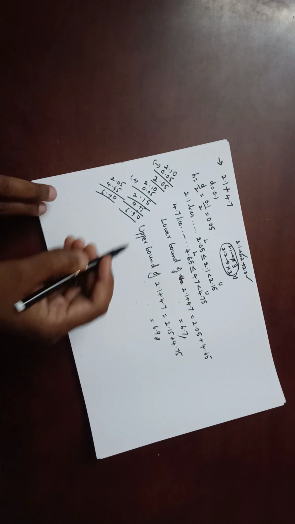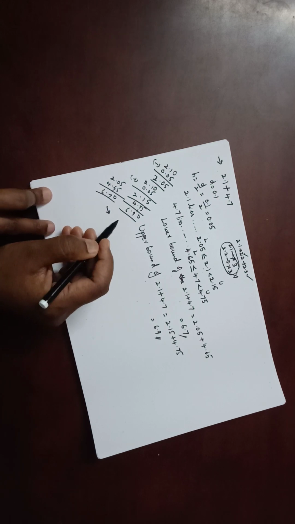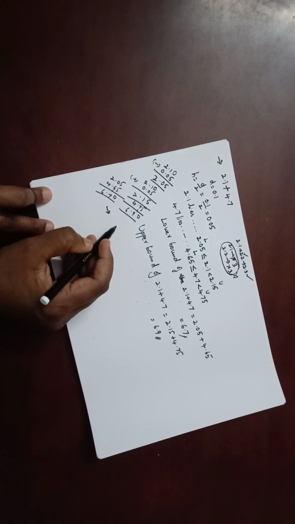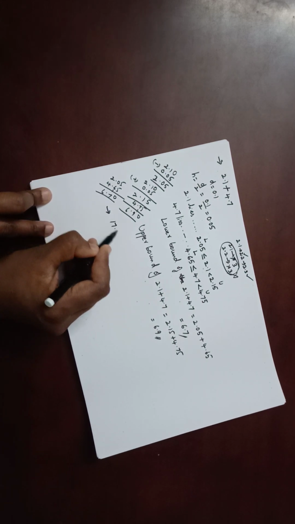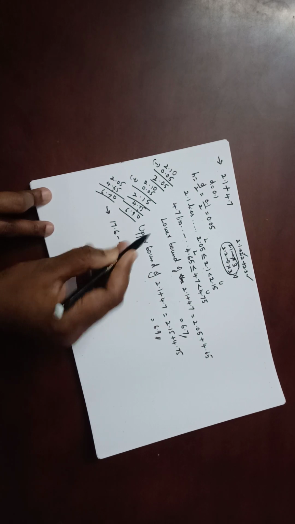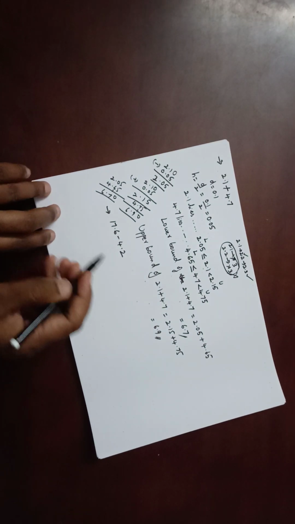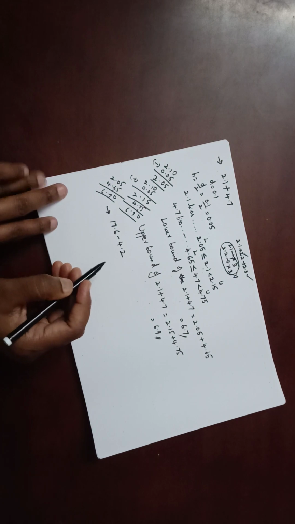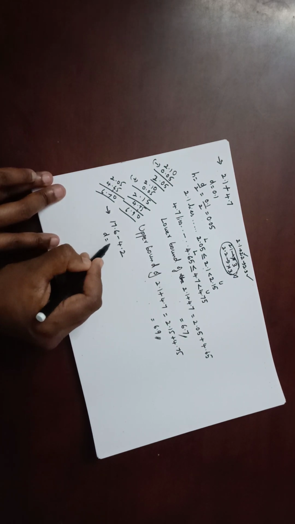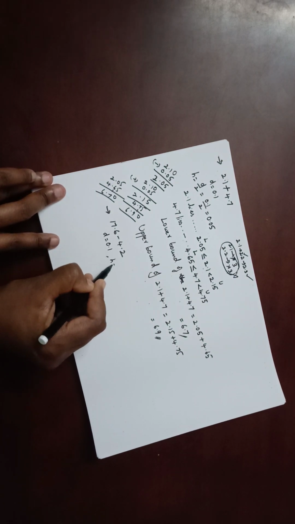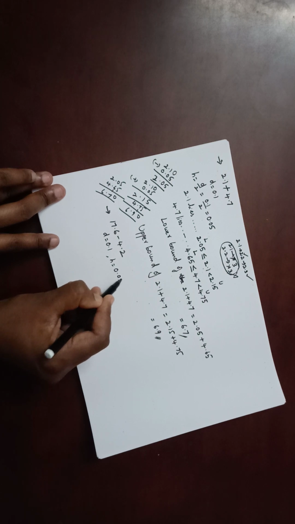One more bit I am taking. Next I am taking subtraction: 17.6 minus 4.2. Lower and upper bounds you should find out for this calculation. Here also your D is 0.1 and your H is 0.05.